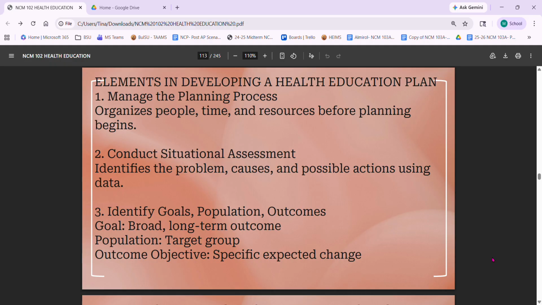Sino yung population nyo? Yung mga adults na diagnosed with hypertension. Ano yung outcome ninyo? To reduce sodium intake in 3 months. Kasi na-notice nyo via data na yung poor diet ng mga patient yung naging reason bakit tumataas yung numbers ng may hypertension.